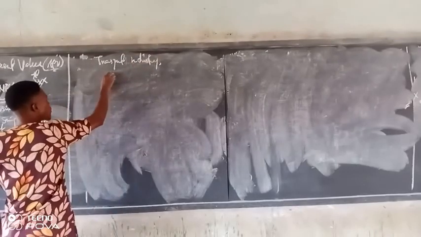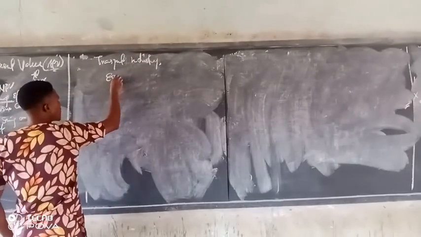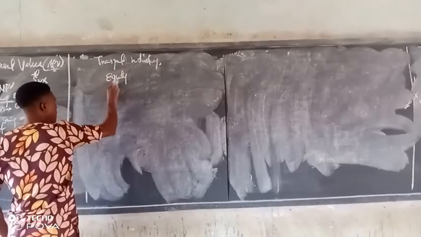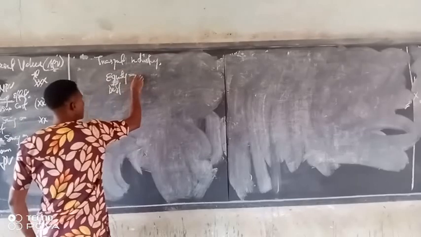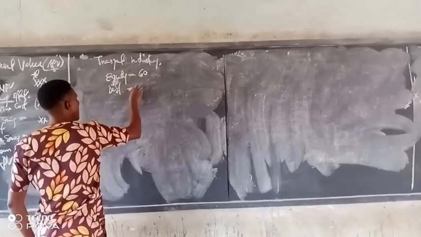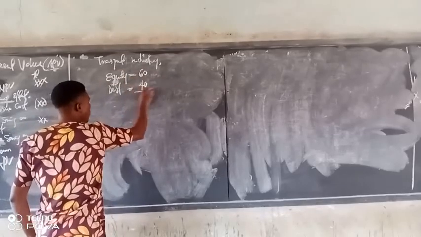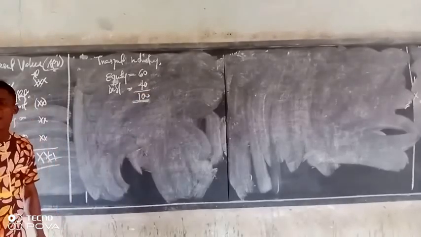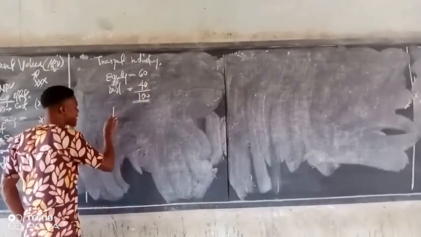For the question, we were told that the structure of this company is always like this: equity and debt. What is the equity of that industry? 60. The debt, 40%. Everything is 100. And the only thing they give us here is the beta equity.